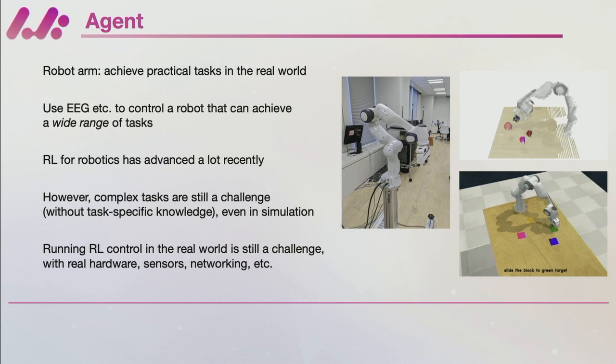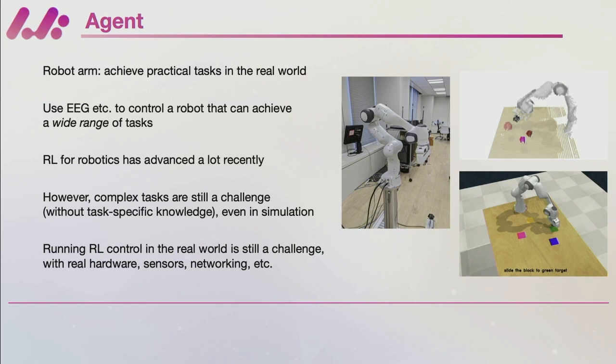The agent we want to work with is a robot arm. We want to actually be able to do stuff in the real world, and hopefully use something like EEG and these other sensors to provide an agent that can do a wide range of tasks. I believe a lot of the existing work shows that EEG can control a robot, but it's usually limited to, say, one task.